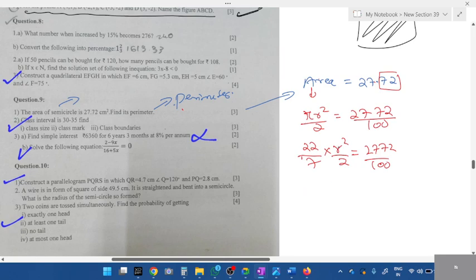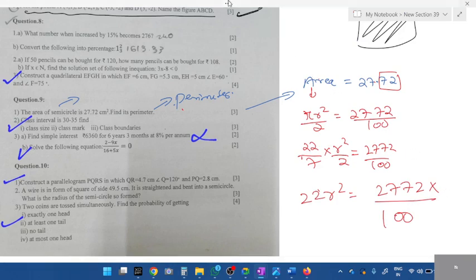Next, r square, keep r square as it is. 22 r square as it is. 2772 into 100, divided by 100. This 7 and 2 are in the denominator, students. It will go to the numerator and get multiplied. 7 into 2. This 22 will get divided. This is r square value.